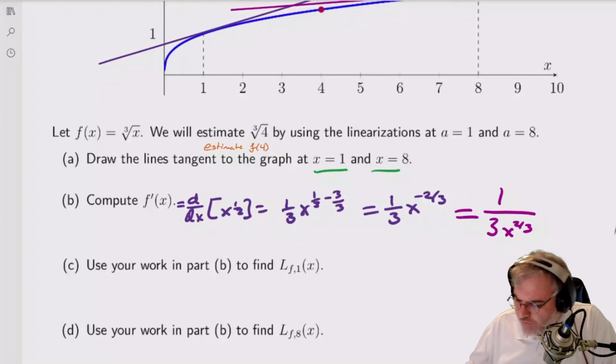Right, so it's 1 over 3x to the negative 2/3, but what I did was I took this negative and put it on the bottom. So I moved the x to the negative 2/3 to the bottom of the fraction.